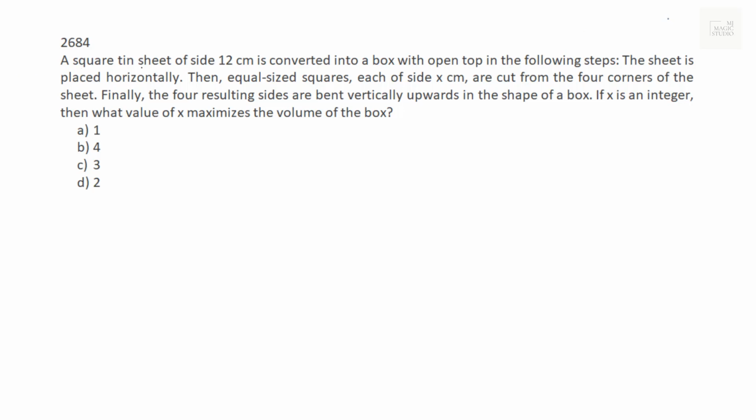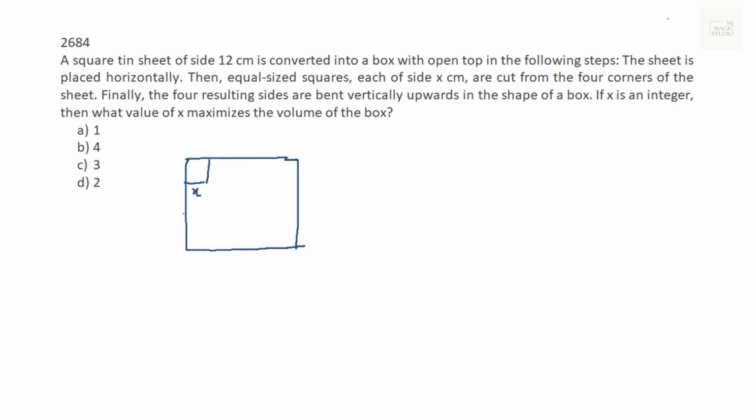A square tin sheet of side 12 centimeter is converted into a box with open top in the following steps. The sheet is placed horizontally, then equal sided squares, each side of x centimeter, are cut from the four corners of the sheet.